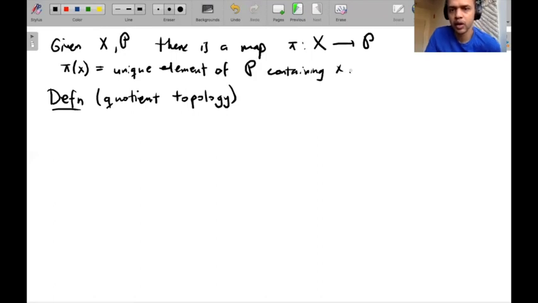Being a partition means there's exactly one subset containing little x. So just send x to that subset.